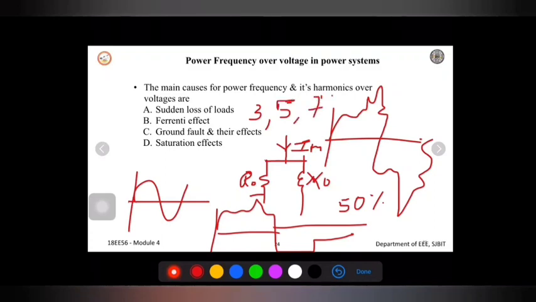The third harmonic will be about 65% present in the system, the fifth harmonic 35%, and the seventh harmonic 25%. Because of these harmonics, a non-sinusoidal or peaky waveform will be present when the magnetizing current rises in the transformer.